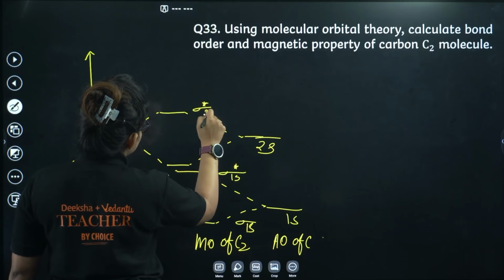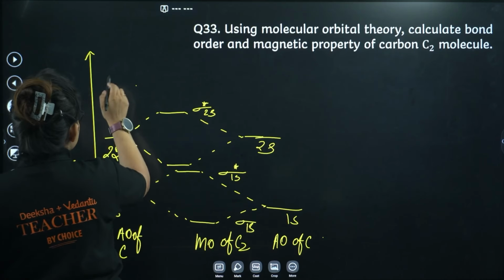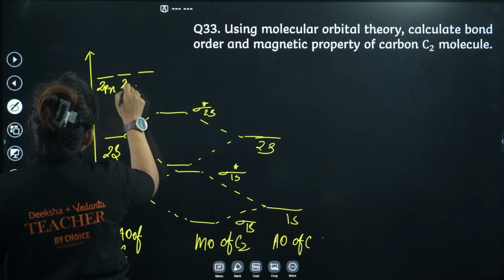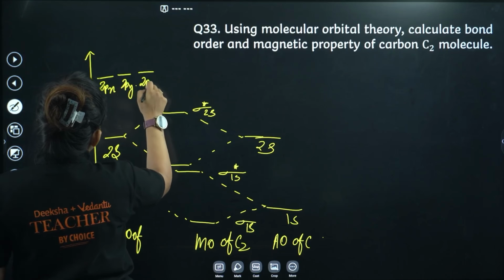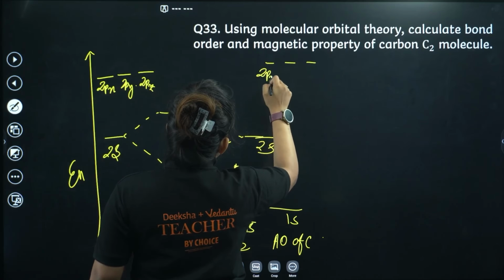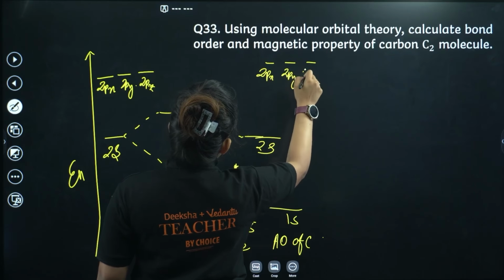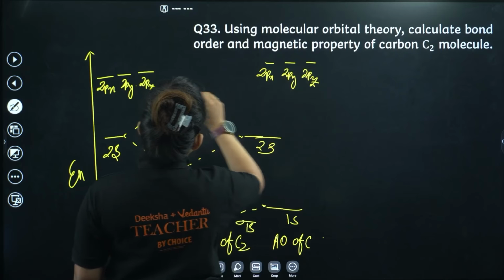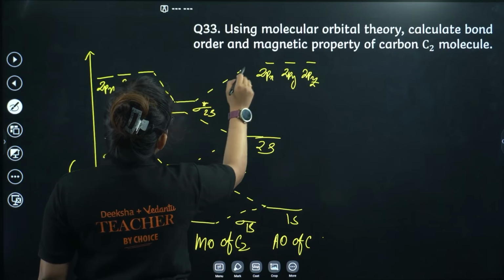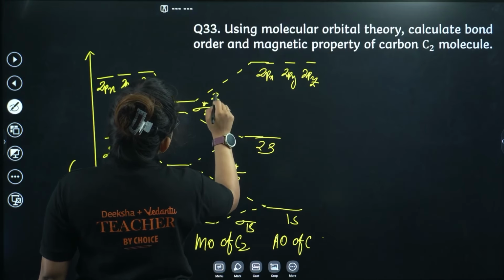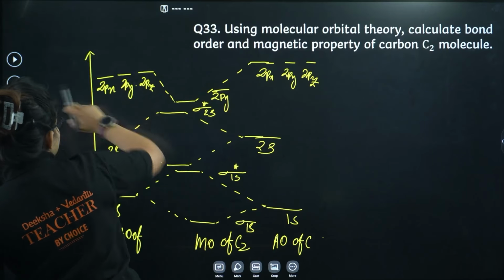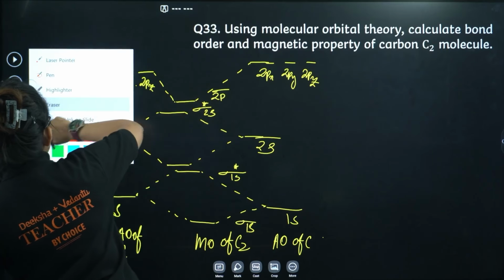Sigma star 2s. The last one is 2p. So let it be 2px, 2py, 2pz, and here also the same 2px, 2py, 2pz. So one sigma bonding here also, sigma 2pz, where z is the molecular axis.